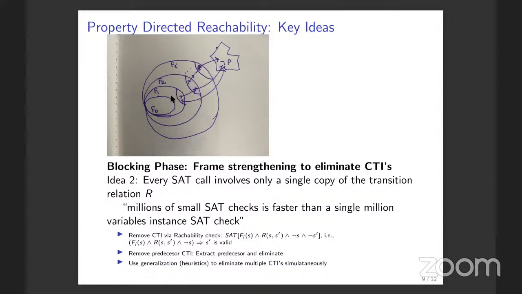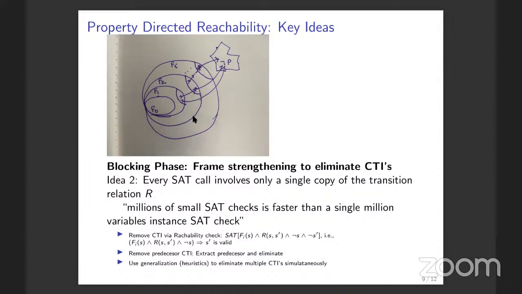If it is not a true counterexample, then that backward chain will get blocked at some point anyway. So that will stop, and you would have in the process eliminated all counterexamples of I plus 1. It starts with F1, F2, and so on. This is the blocking phase, in which longer and longer counterexamples to induction are eliminated.